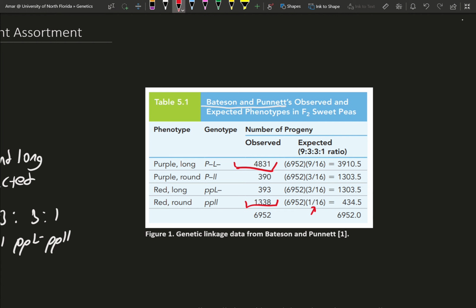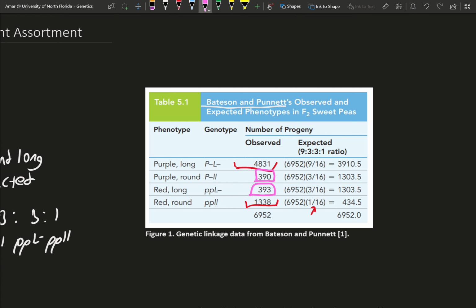We only expected 1/16 of individuals to be red and round, but we see a higher proportion. We also see a much lower proportion of these other individuals, and they didn't really know why. They had a couple of theories, but this is mostly involved in gene linkage.